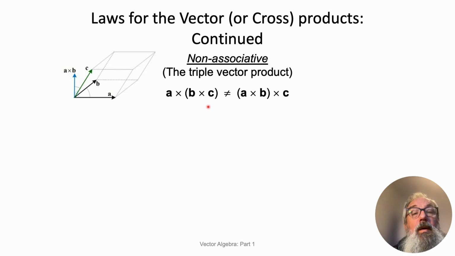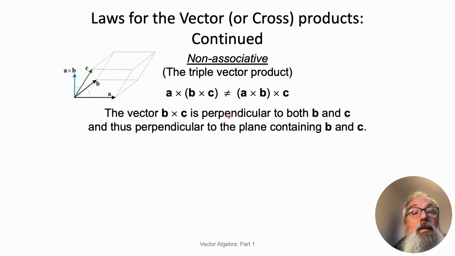Non-associative, so we can't expand brackets like we could with a scalar product. So we cannot expand A cross B like that. We can do the vector cross product of three vectors, but we can't expand them like normal arithmetic.